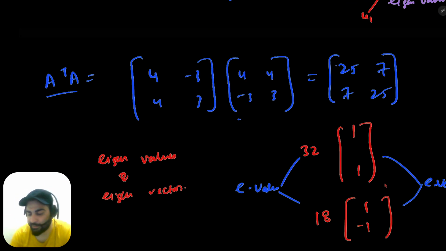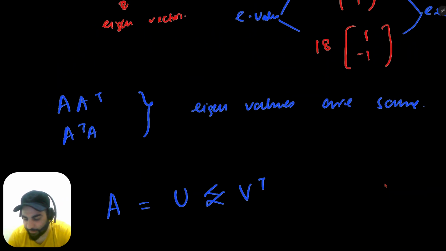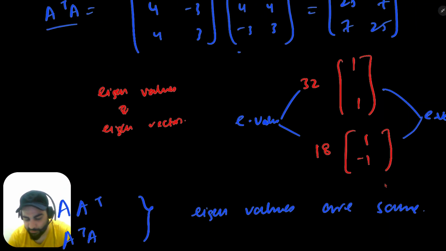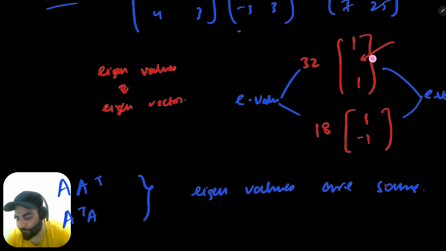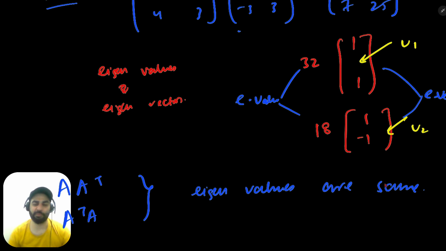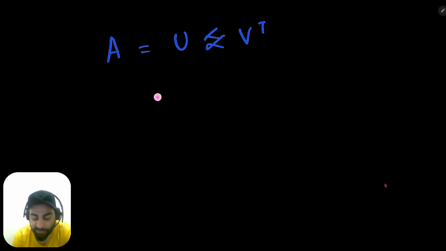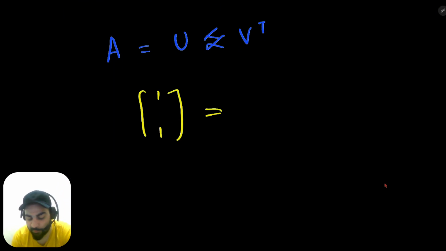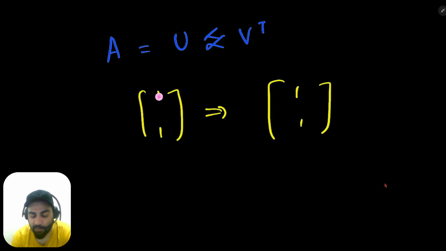And similarly, the second thing we have here is A transpose A. So this is our V1. This is our V2. V1 and V2. Okay, now you have to normalize them, because we are assuming that these vectors are orthonormal to each other. How will you normalize? If you have a vector 1 1 and you want a unit vector out of it, you divide by the square root of 1 plus 1.